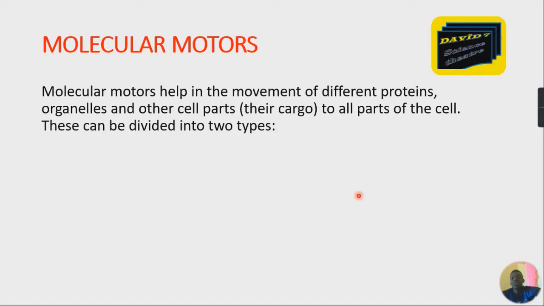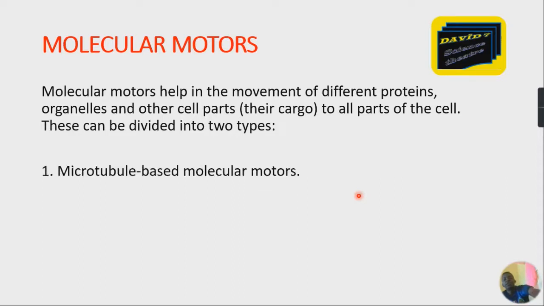These are cargo to all parts of the cell. This can be divided into two types. We have molecular motors which are based on microtubules, and we have molecular motors which are based on microfilament, call it actin. So you have actin-based and microtubule-based molecular motors.